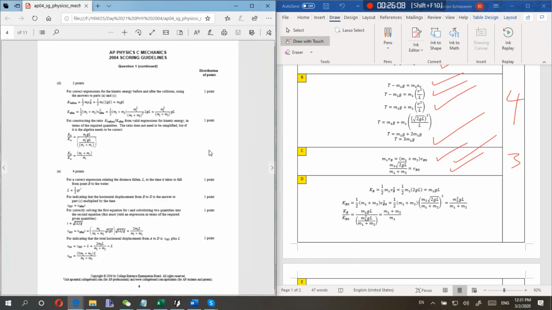Then, next page. 2 points. 1 point for correct expression of kinetic energy before and after the collision using answers to part A and C. K before is M1 gL, okay. K after is M1 squared over M1 plus M2 gL, yep, so we got that. 1 point for constructing the ratio from valid expressions of kinetic energy. It does not need to be simplified, but if it is, the algebra needs to be correct. Ooh. So that means if we simplify it incorrectly, we lose our point. But that's okay because we did simplify correctly.